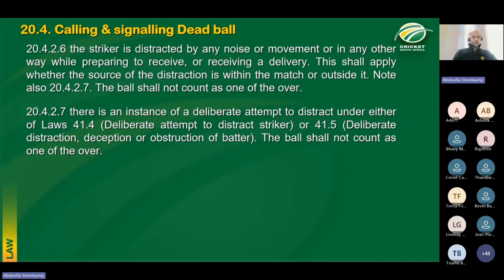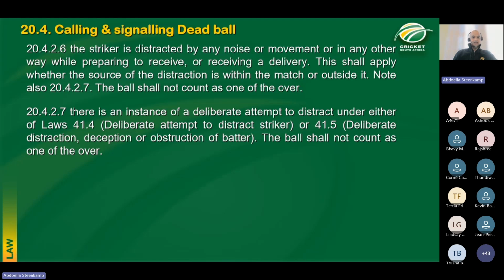For those of you that are going to join us for level 2 and level 3, we're going to go into detail in Law 41. Under Law 41, there are 2 subsections: 41.4, where there is a deliberate attempt to distract the striker, or 41.5, when there was a deliberate distraction or deception or obstruction of either batter.